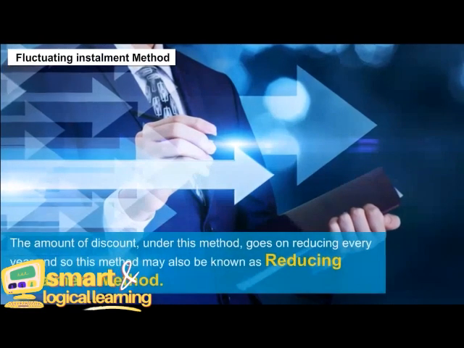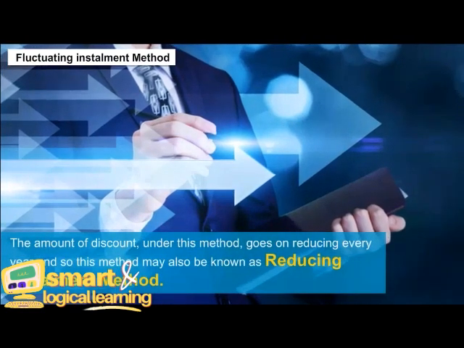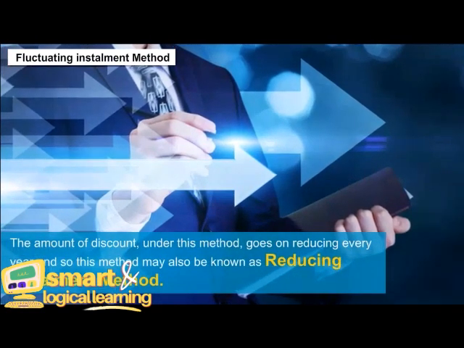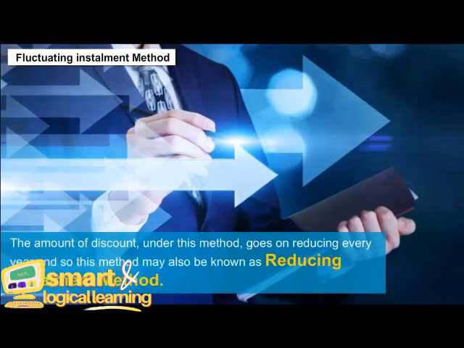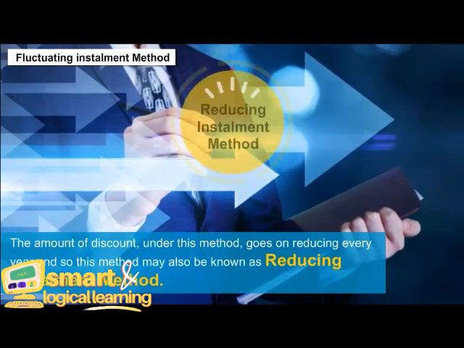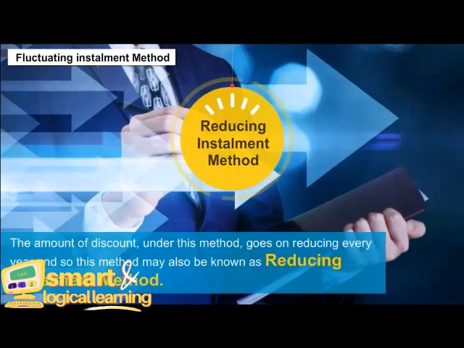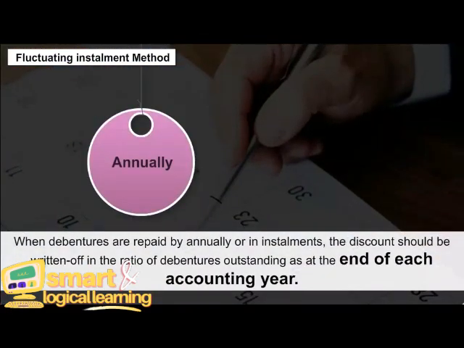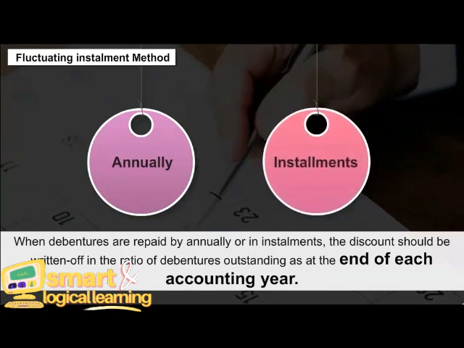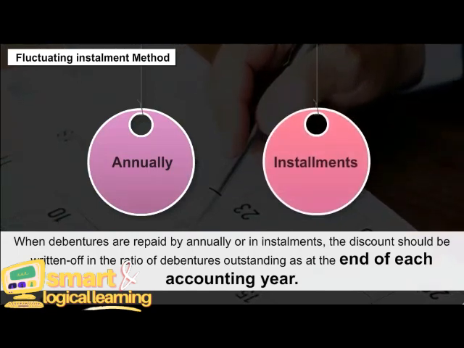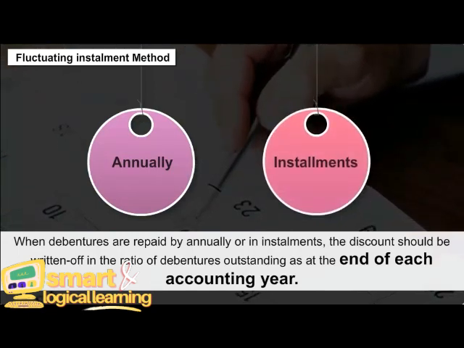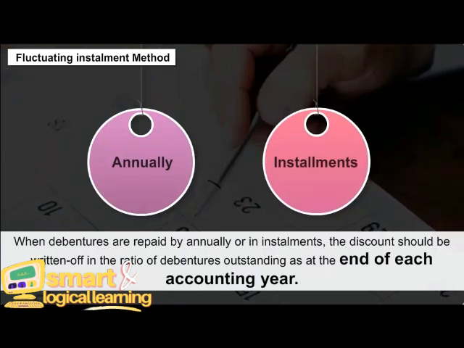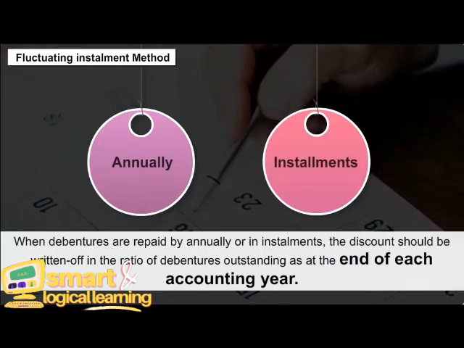The amount of discount under this method goes on reducing every year, and so this method may also be known as reducing installment method. When debentures are repaid biannually or in installments, the discount should be written off in the ratio of debentures outstanding as at the end of each accounting year.